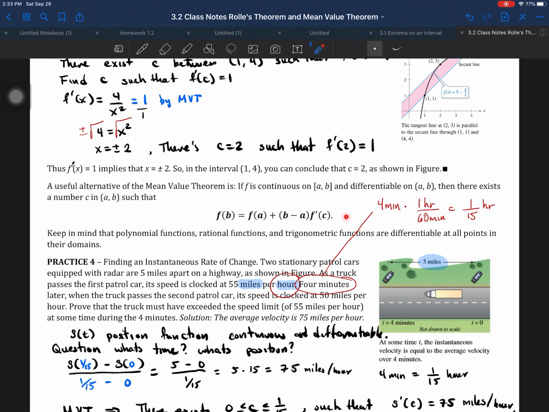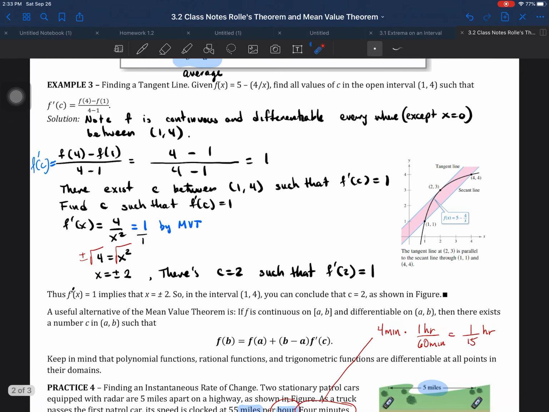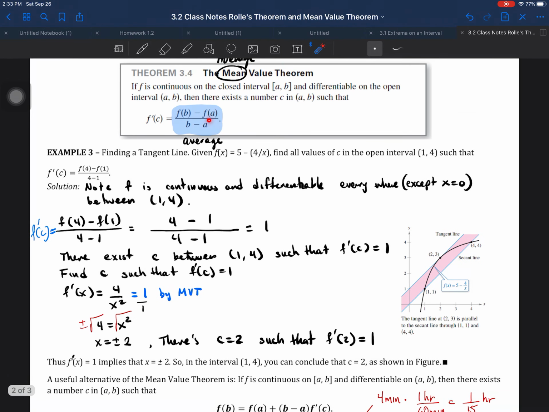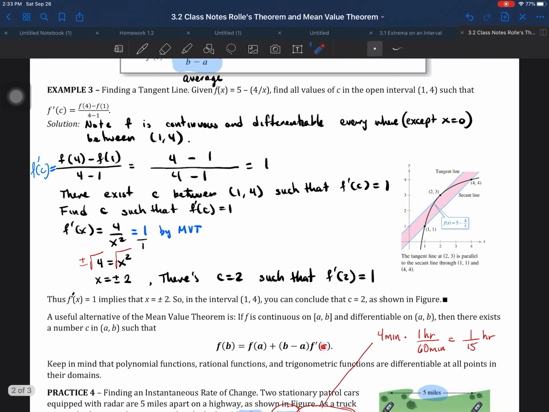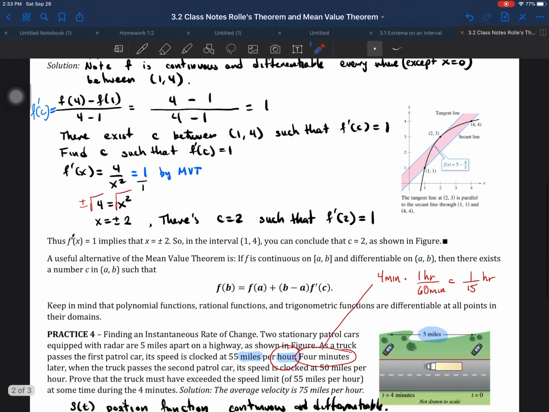If you notice, this is the same formula that you had over here, just solved for f of b. So you can find a value of f of b if you know the slope, and we know a and f of a. This is an equation that will come in use in future calculus courses. So you will see this later on.